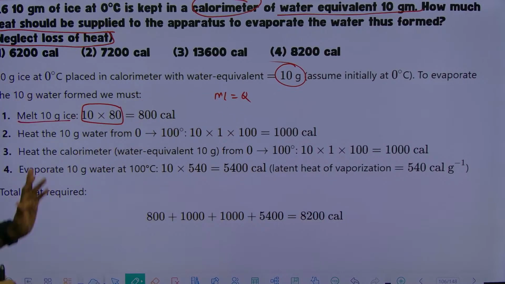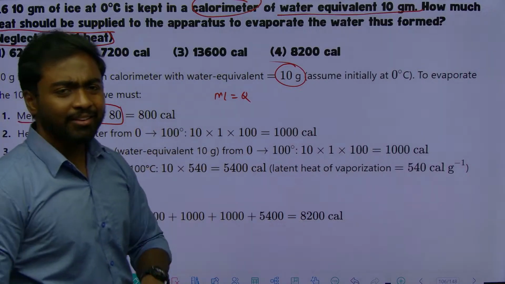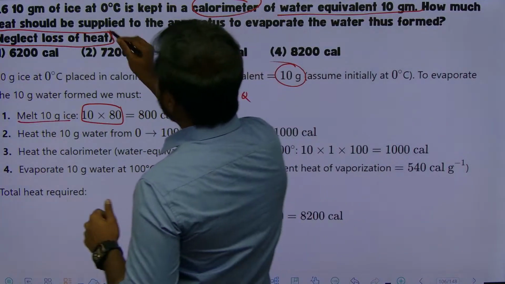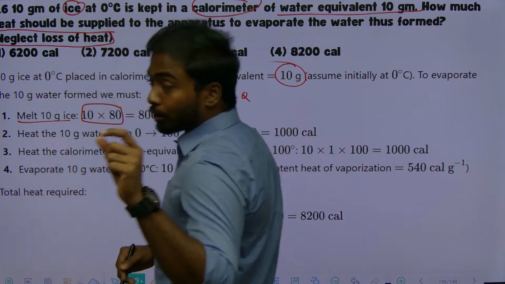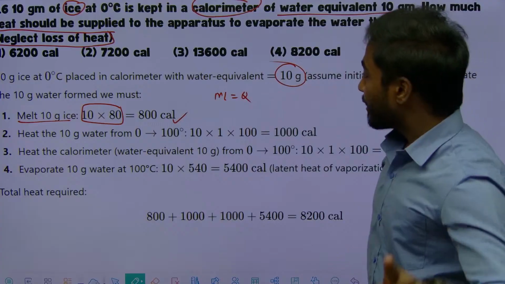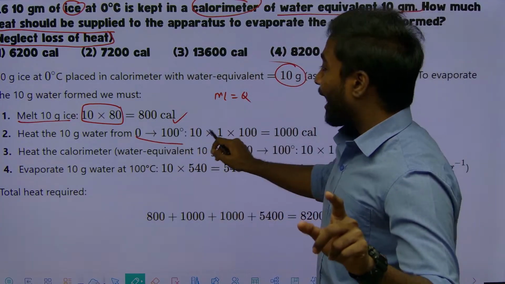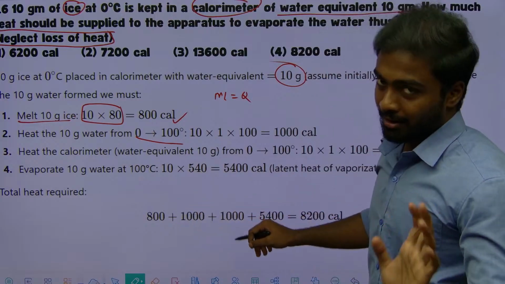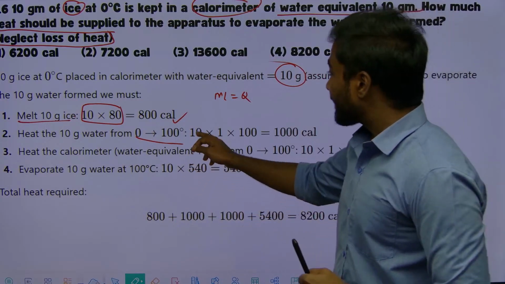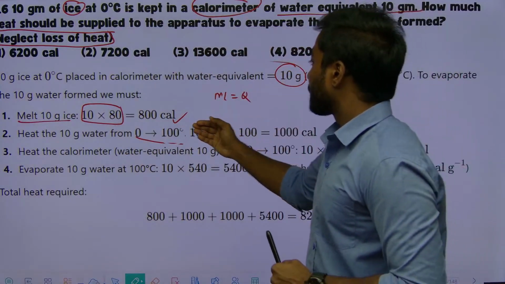Okay, fine. Heat the 10 gram of water from 0 to 100 degrees Celsius. See guys, it is ice. To melt that ice into water, this much calories is needed. Again, from 0 degree to 100 degree Celsius, I need other heat to take that water to the boiling point stage to evaporate it.